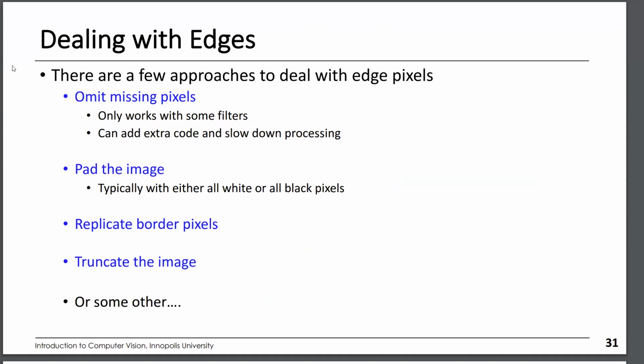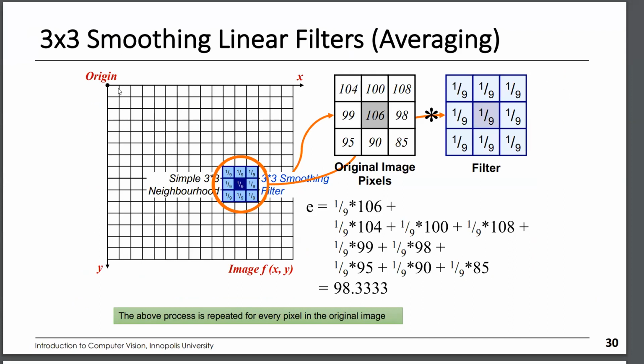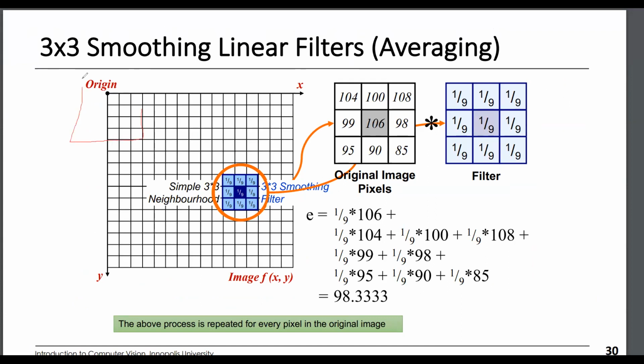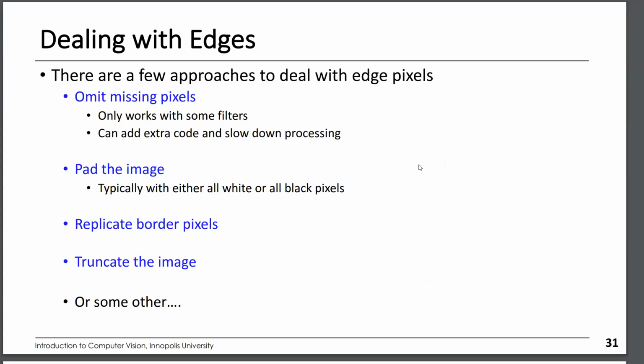The edge pixels could be a little bit problematic, because this pixel maps to the exact same place in the output, but we cannot put all of the kernel on it. In this case, all of these pixels are empty and the calculations can be problematic. So we need to define a certain algorithm that fixes this problem.